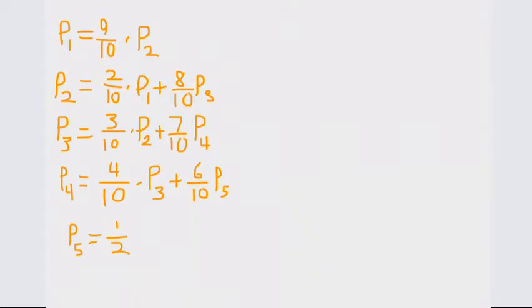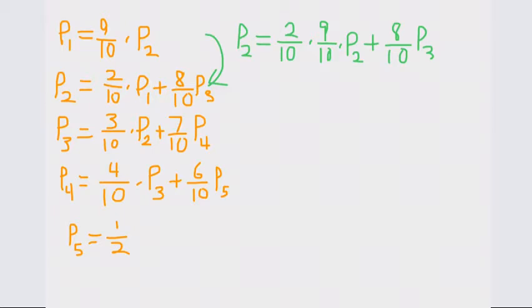So let's start. We can start by substituting in p1 to the second equation, so p2 equals 2/10 times p1, which is 9/10 times p2, plus 8/10 times p3. So p2 equals 18 over 100 p2 plus 8/10 p3. And we can subtract 18 over 100 p2 from both sides to simplify.